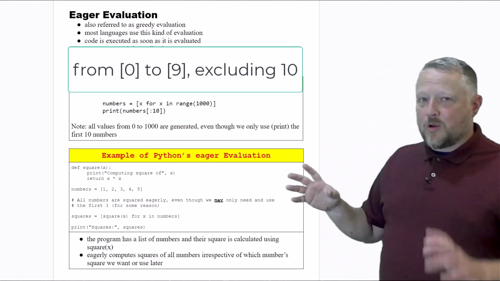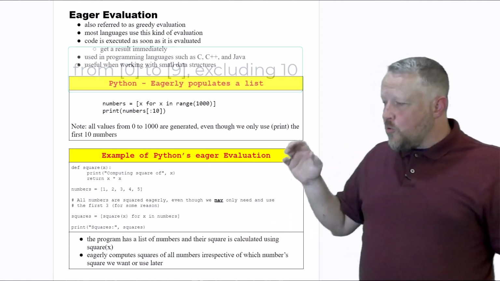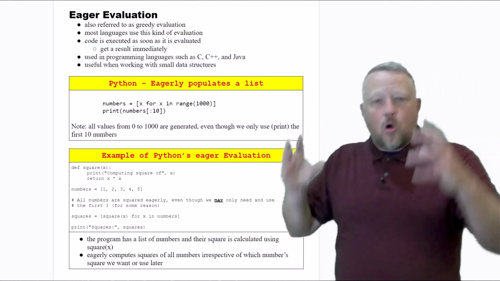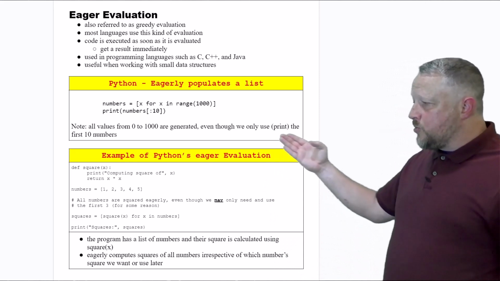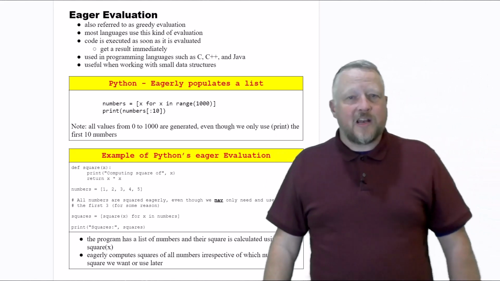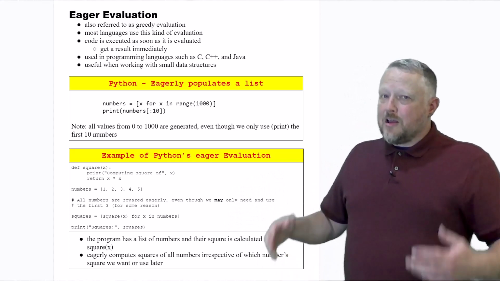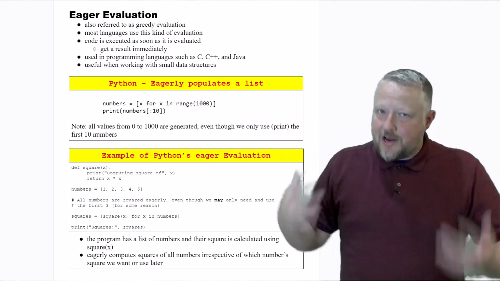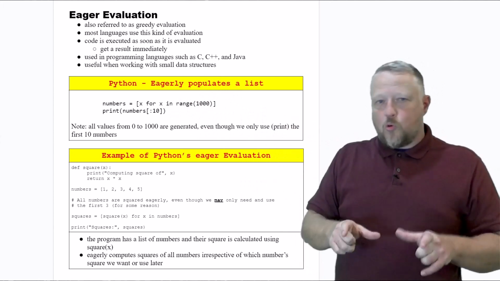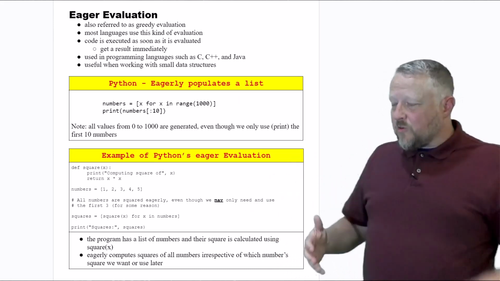All the values from 0 to 1,000 are generated, even though we only end up printing the first 10 elements in that array called numbers. That's greedy for you. It did all of that work, and then you ended up using just a small portion of that. That's bad. I think you can hopefully relate to that.